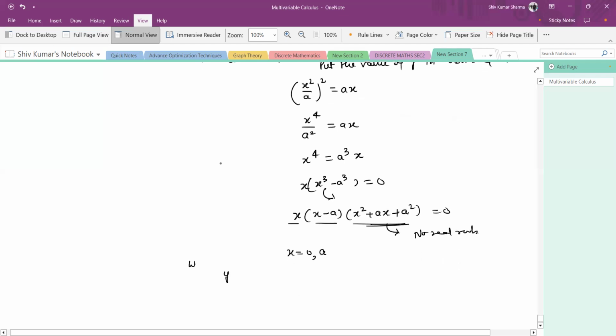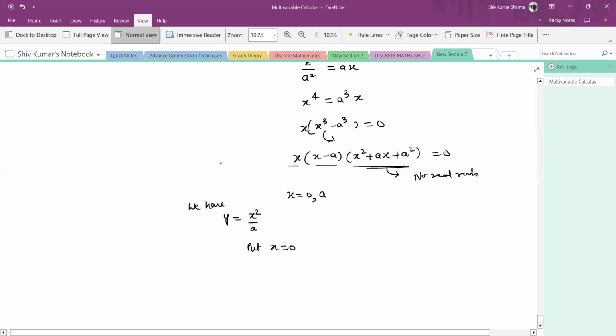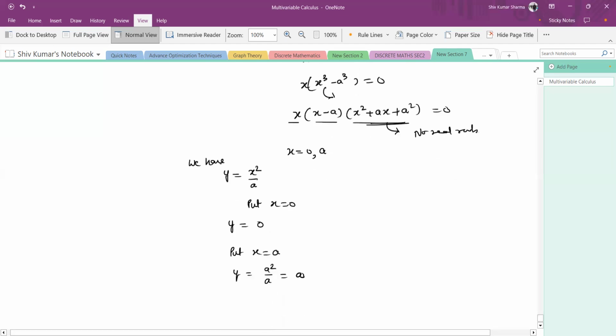We have y is equal to x square upon a. Putting x equal to 0 gives y equal to 0. Putting x equal to a gives y equal to a square upon a, which is a.